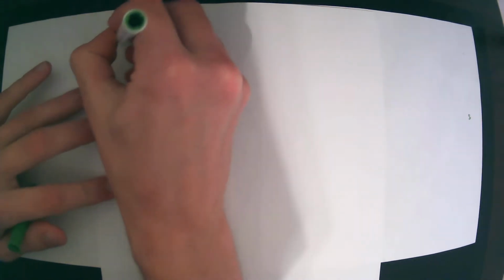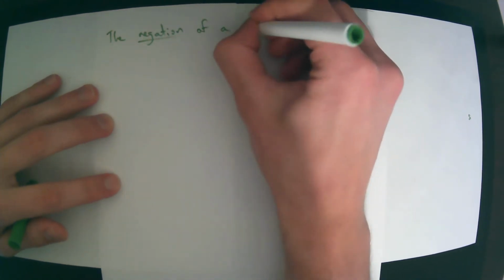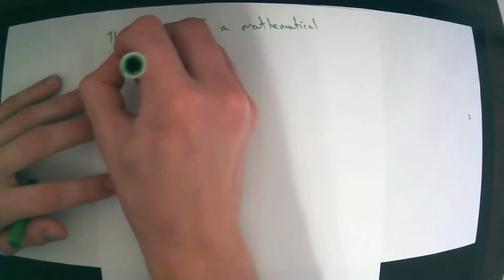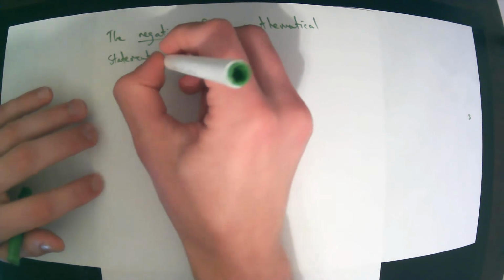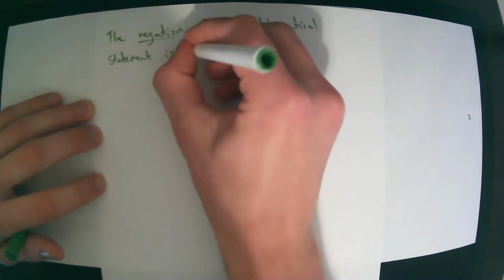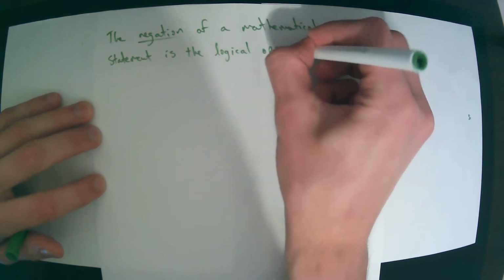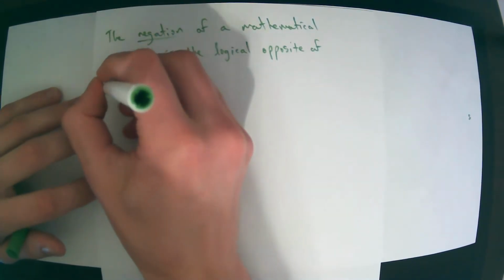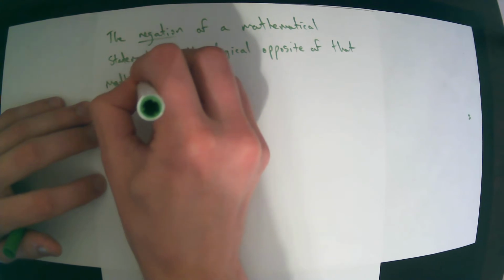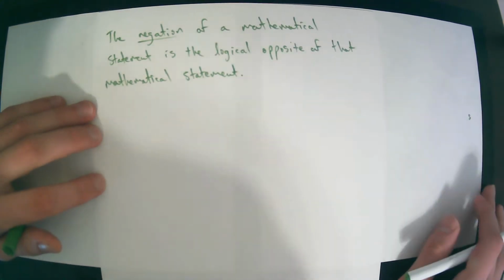So, here comes the next definition: the negation of a logical statement or a mathematical statement is the logical opposite of that mathematical statement, the original. That's the negation.